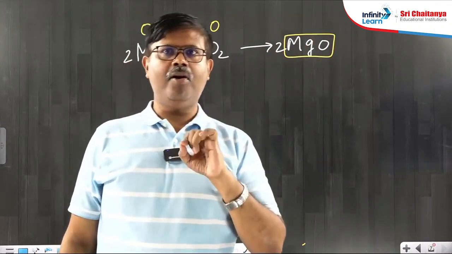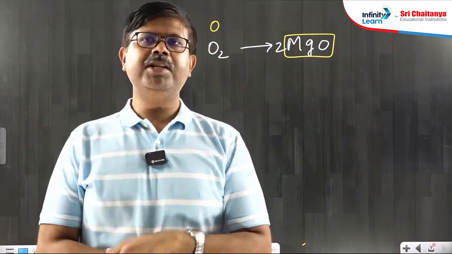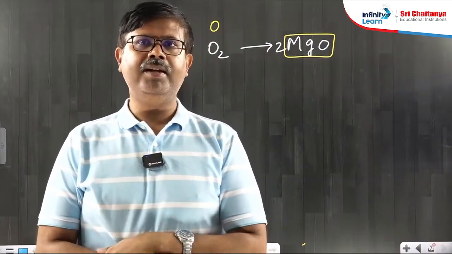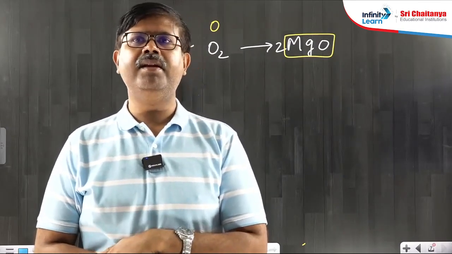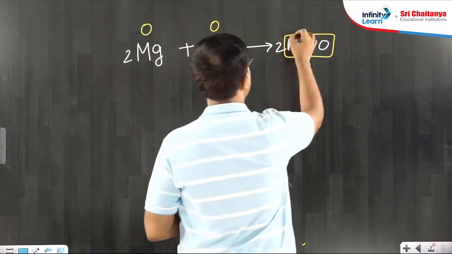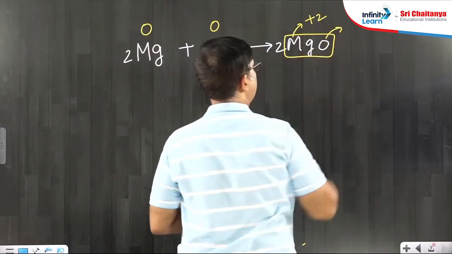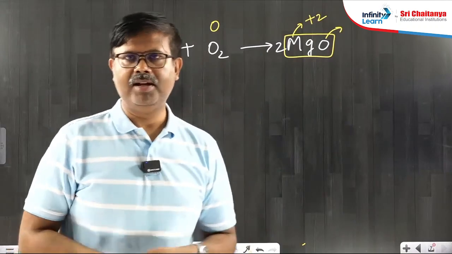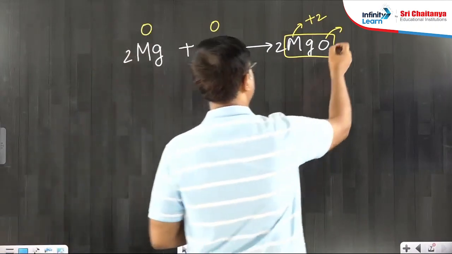Now it is a compound. Now see what the oxidation state is. Magnesium is a group 2 element. Group 2 elements in their compounds always have oxidation state +2. So magnesium will have +2 oxidation state. Oxygen, as oxides, has -2.